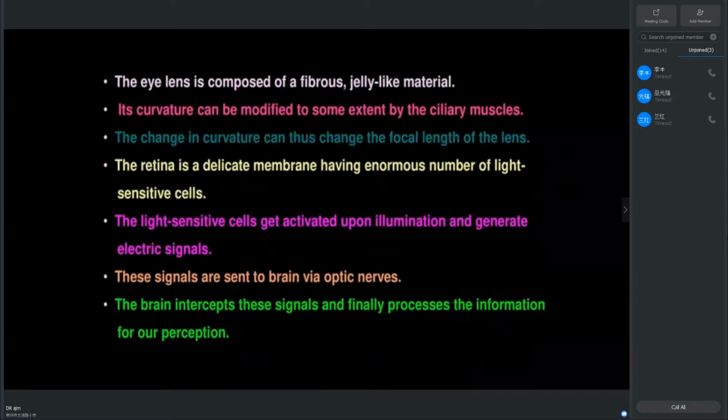The lens is composed of a fibrous, jelly-like material, and its curvature can be modified to some extent by the ciliary muscles.